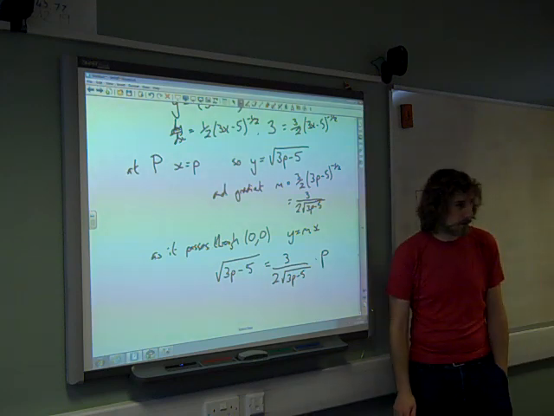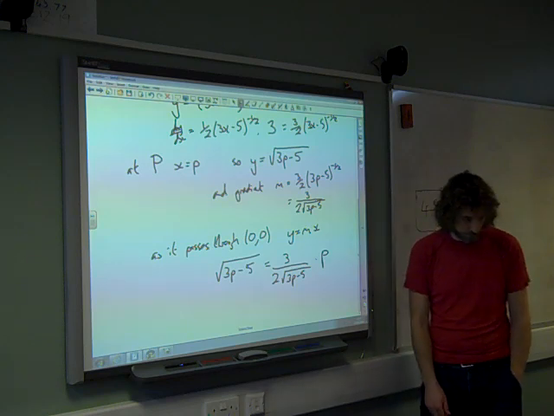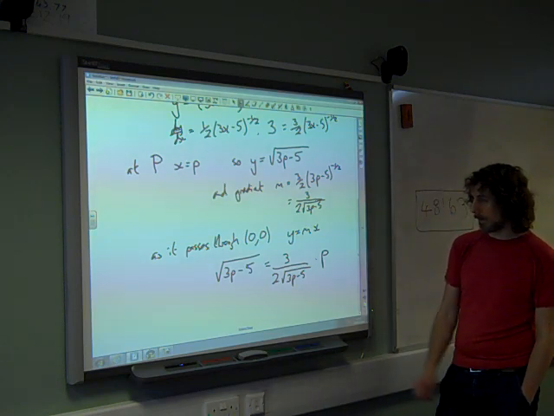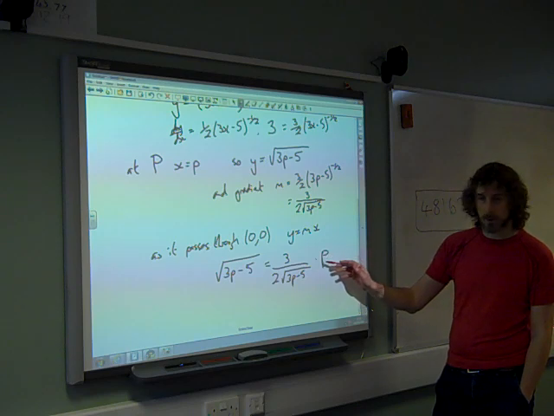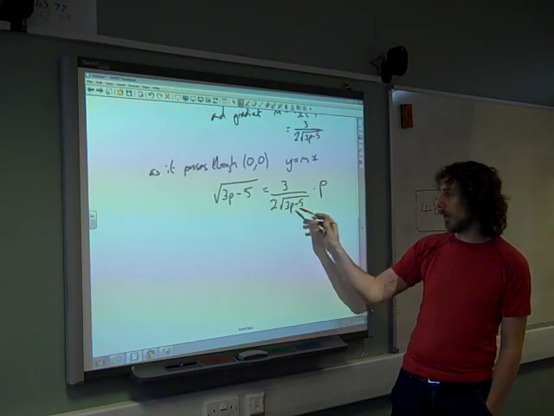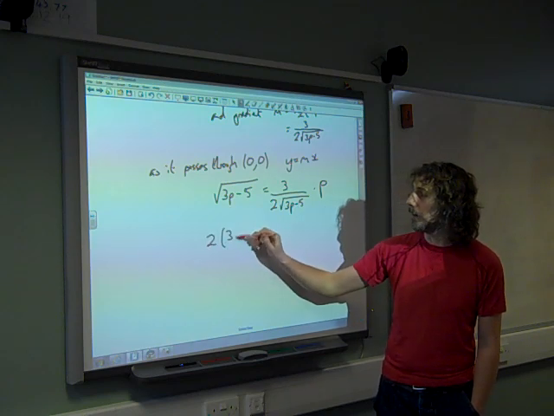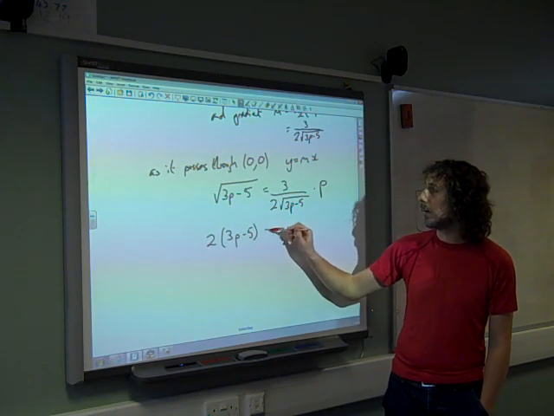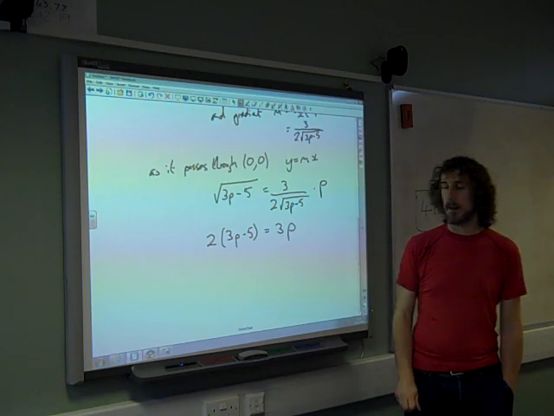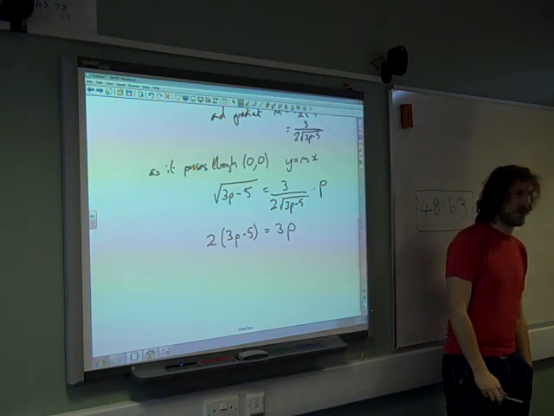And so if I rearrange this now, I need to try and solve this to get p on its own. I'm going to multiply by 2 lots of root 3p minus 5. That gives me 2 times (3p minus 5) is equal to 3p. Is that okay, that step?